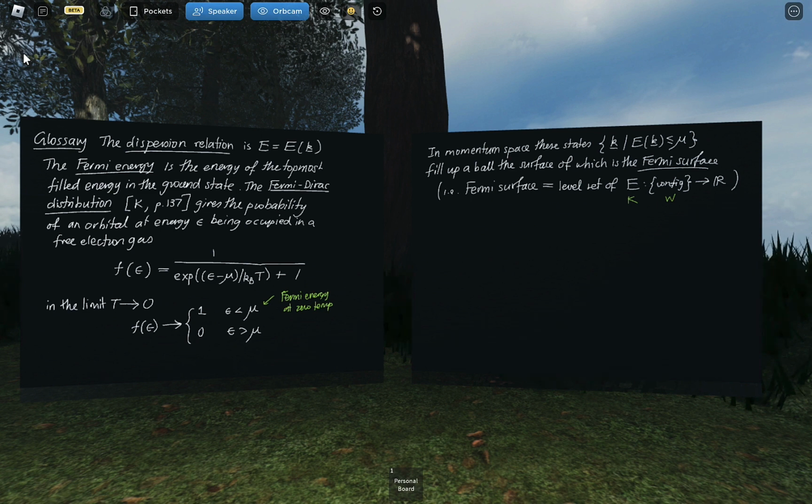All right, and so we have some idea that at a given temperature, as I said, the Fermi energy depends on the temperature, but at temperature 0, you have some set of occupied states, and that surface is telling you what it is.